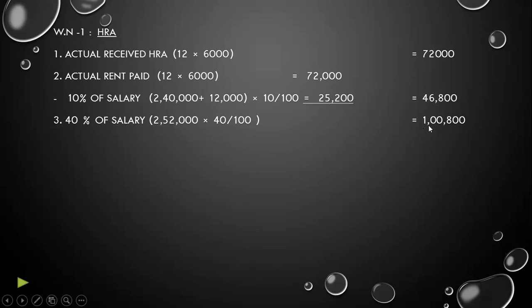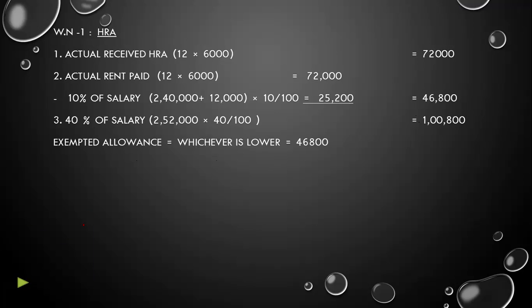Now our condition is exempted HRA is whichever is lower. So we will write down exempted allowance is equal to whichever is lower, and 46,800 is lower than the other two amounts.